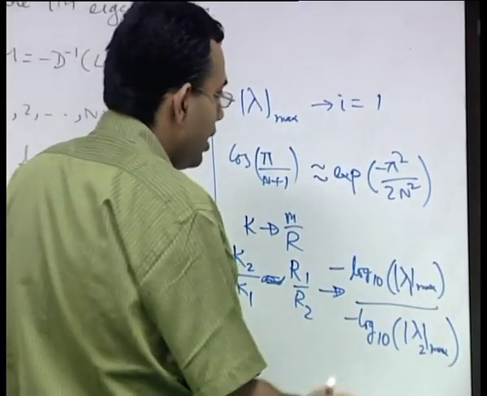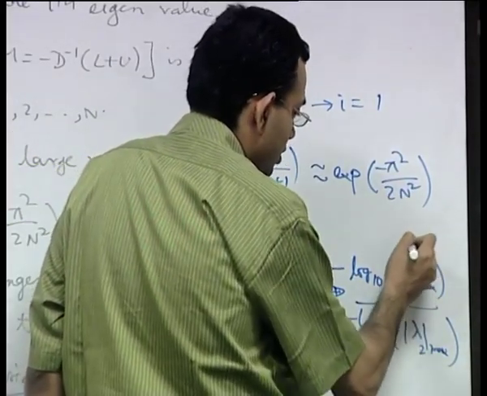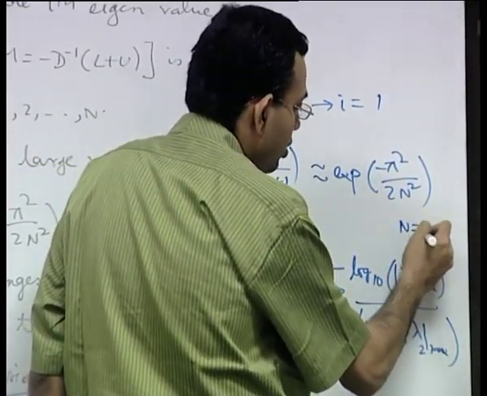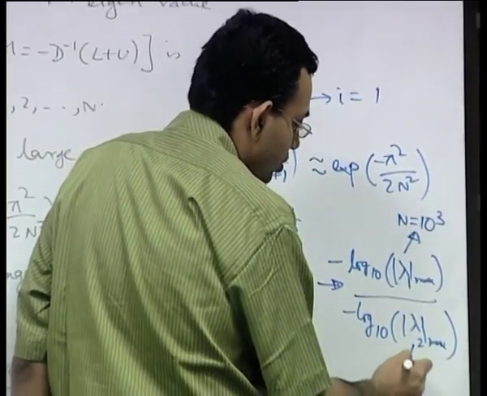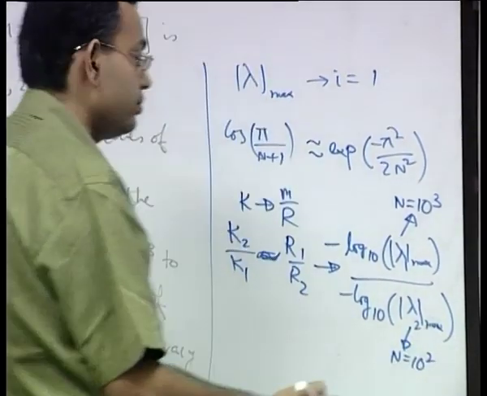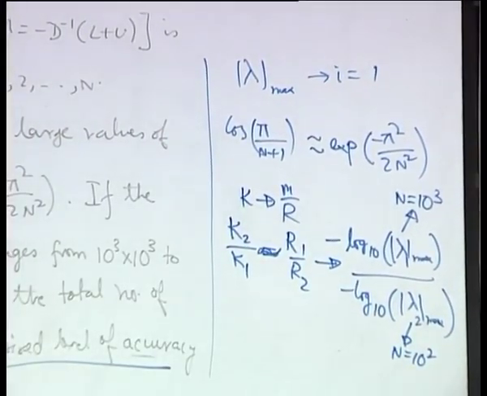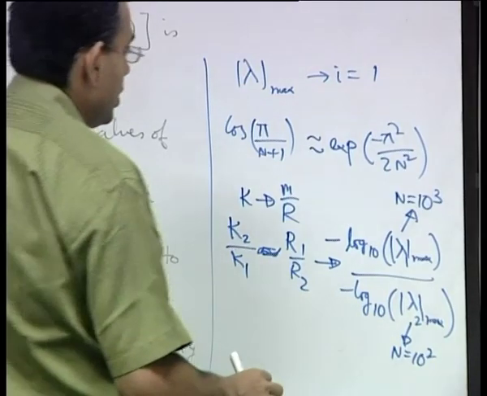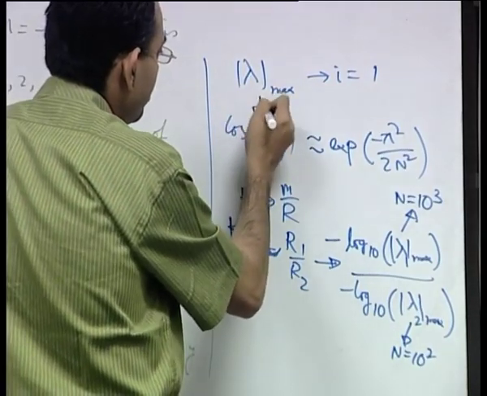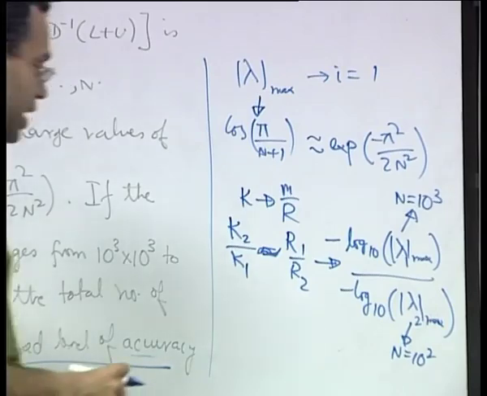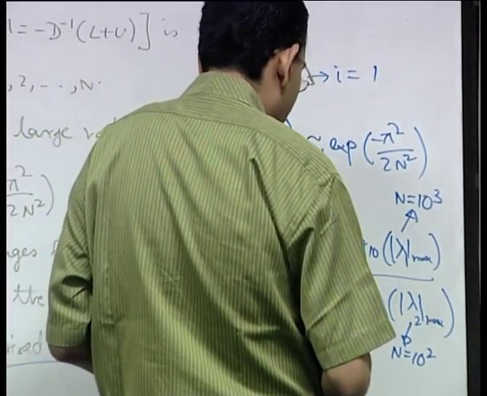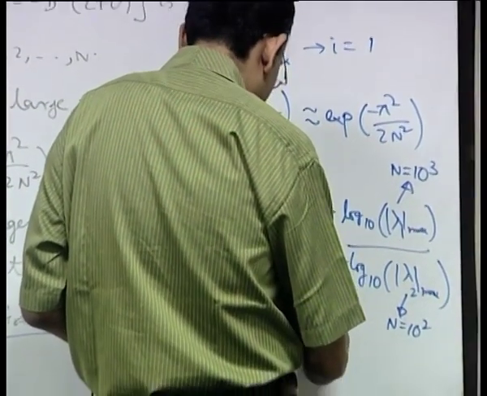So, for case 1 you have to substitute n equal to 10 to the power 3, and for case 2 you have to substitute n equal to 10 to the power 2 in the formula for mod lambda max. If you do that, then you will get this approximately as 10 to the power minus 2.